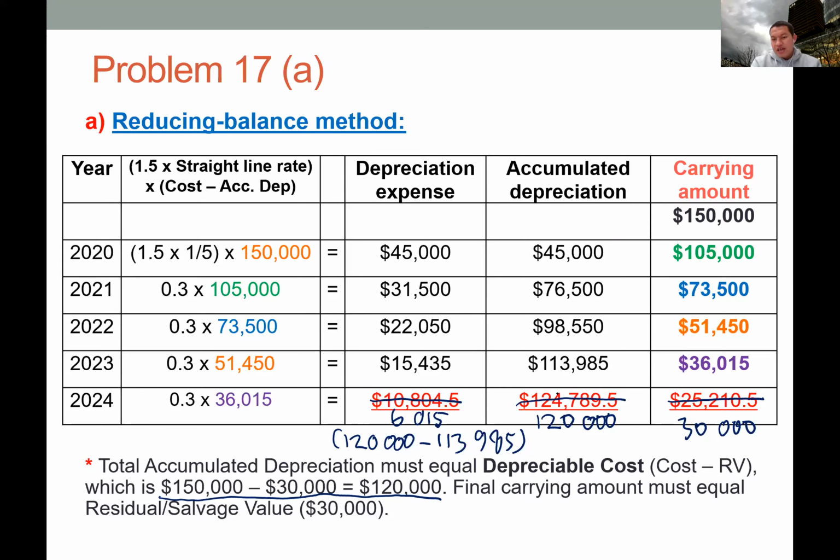If this does not exceed the depreciable value, it's okay. But if this exceeds the depreciable value, it means this depreciation expense is too high, so we have to change it. And then all you need to do is take the accumulated depreciation from the previous year. Okay, thank you.